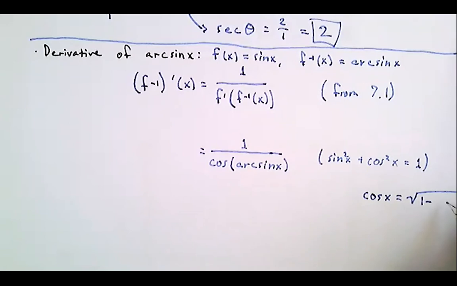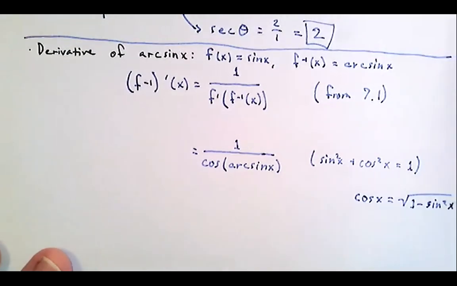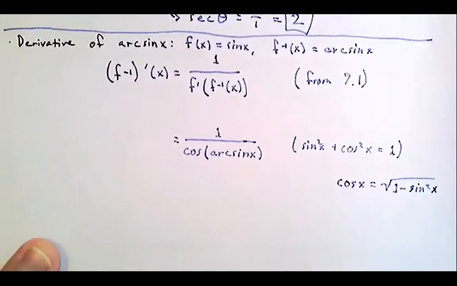So you get the square root of 1 minus sine squared. So why do I not need to think about plus or minus on this square root? Any ideas? Depending on where it's located determines its sign.